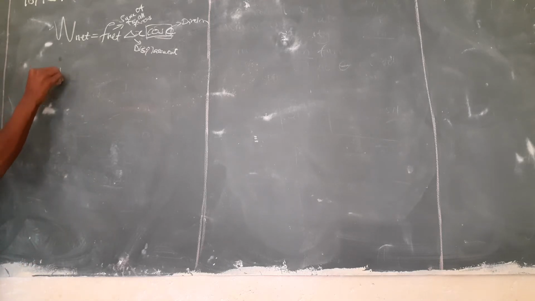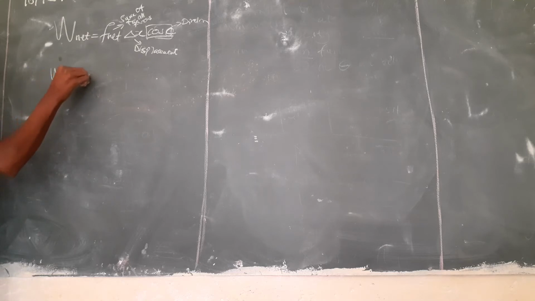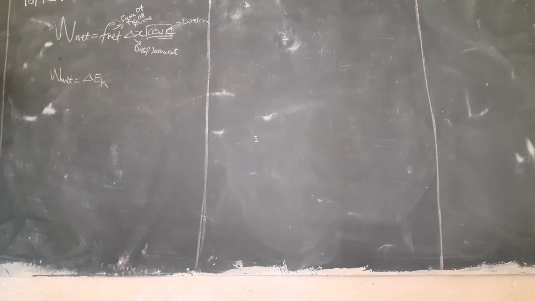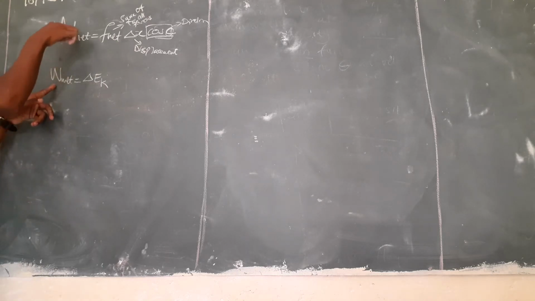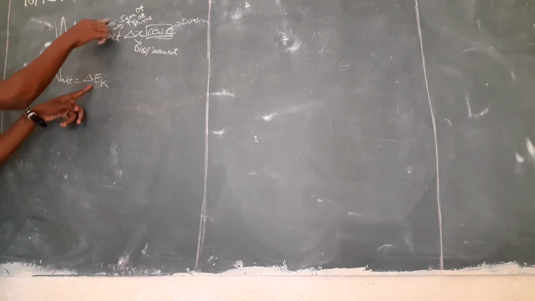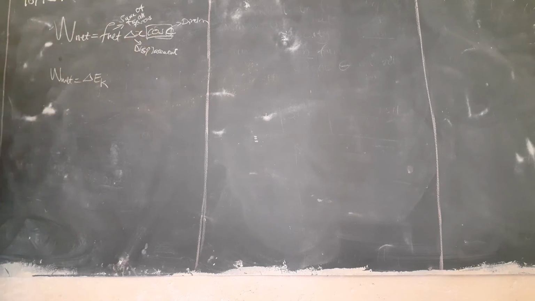We have another one, where work net equals change in EK. Work net and change in EK are the same. The difference is that here we talk about the forces acting, and here we talk about the mobility of the object, the kinetic energy, movement from one point to another, the velocities, how fast it goes.